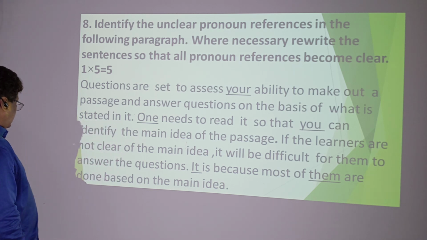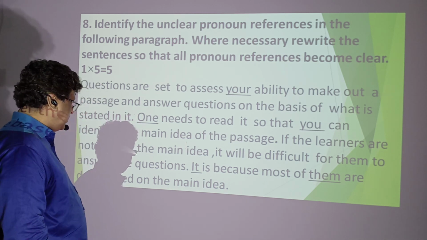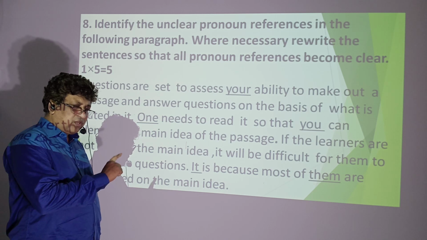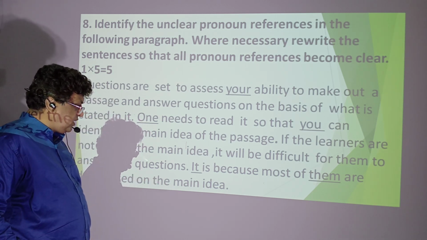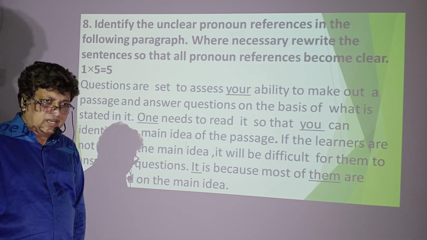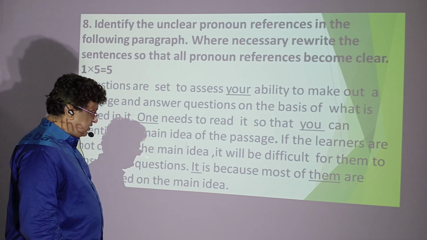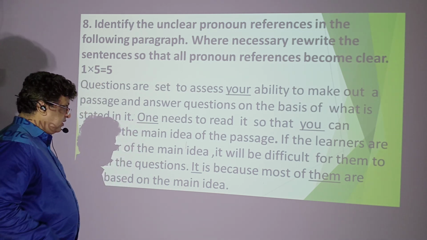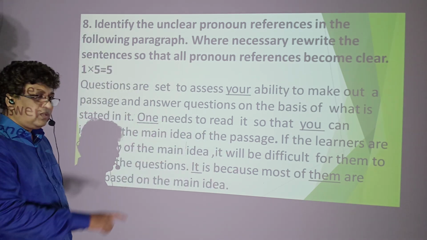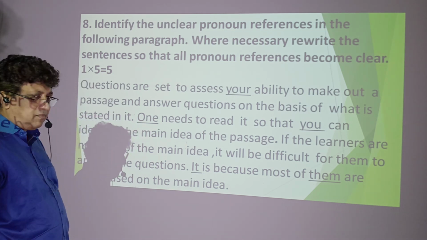If the learners are not clear of the main idea, it will be difficult for them to answer the questions. It is, the word it is here indefinite. We can make it clear by using a demonstrative pronoun, that is this is, because most of them means here the questions. So them should be replaced with the questions are based on the main idea.